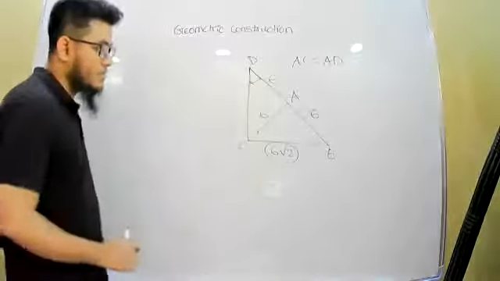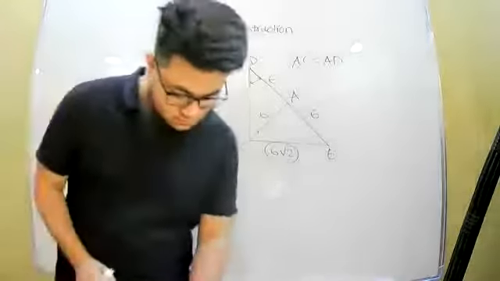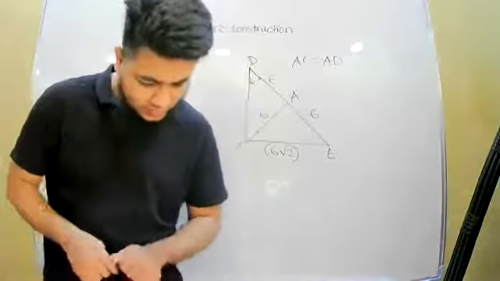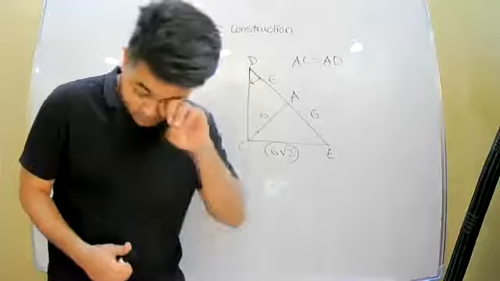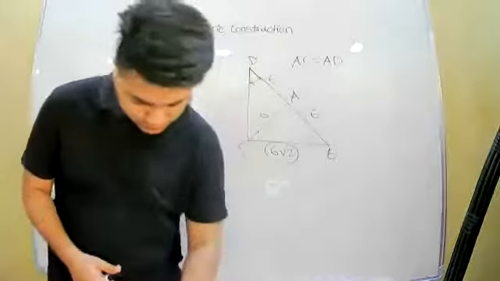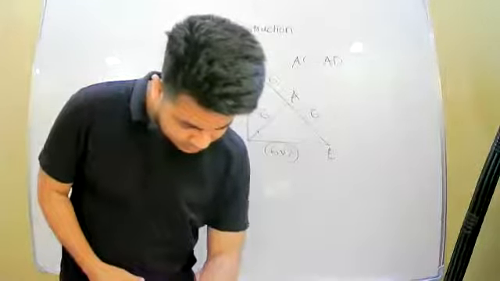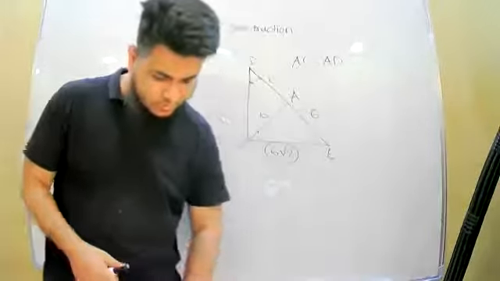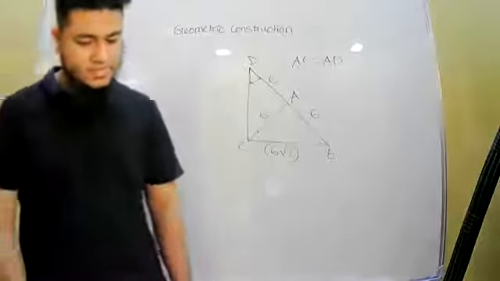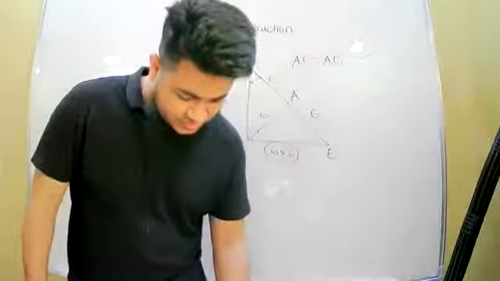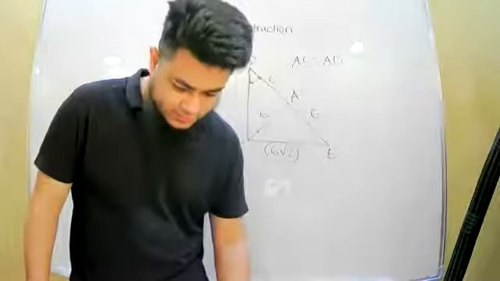Is the right angle sign there? No. So we have to take a different approach. They didn't mention anywhere that it is a right angle triangle, but to solve this one we have to assume it as a right angle triangle. But let us think first if there is any other way of solving it.